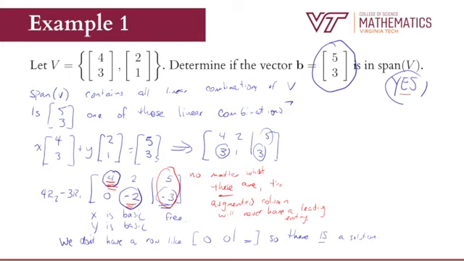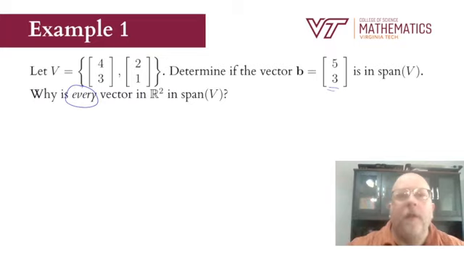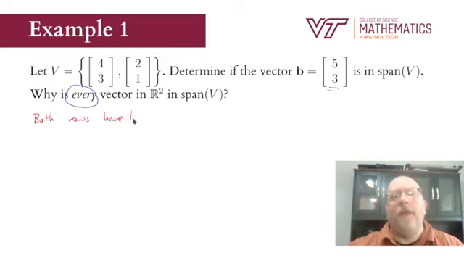And so we go back here and let's explain what happened. Both rows have leading entries on the left side of the matrix.